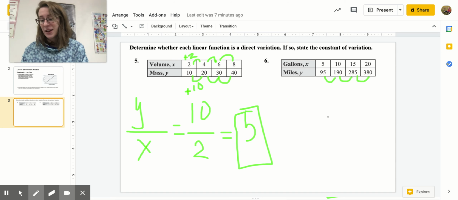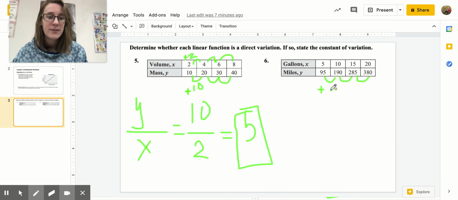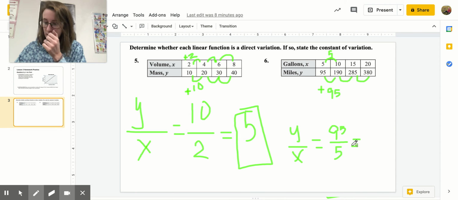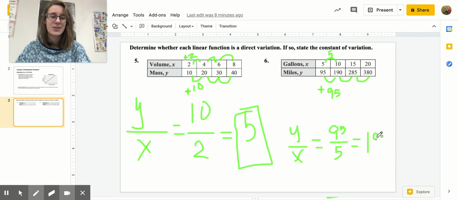You could also check that by saying 95 plus 95 and seeing if that's 190, which it is. So you would say plus 95 here. That's our constant variation. And then to get from 5 to 10, you're adding 5 each time. So for y over x, you're going to have 95 over 5. This can also be reduced. If you reduce this down, it becomes 19, and that is your answer.